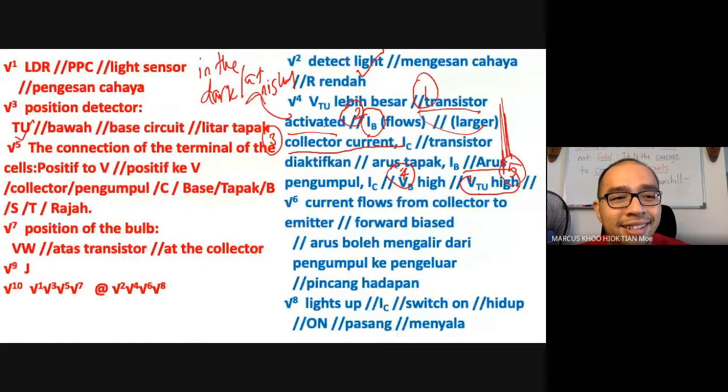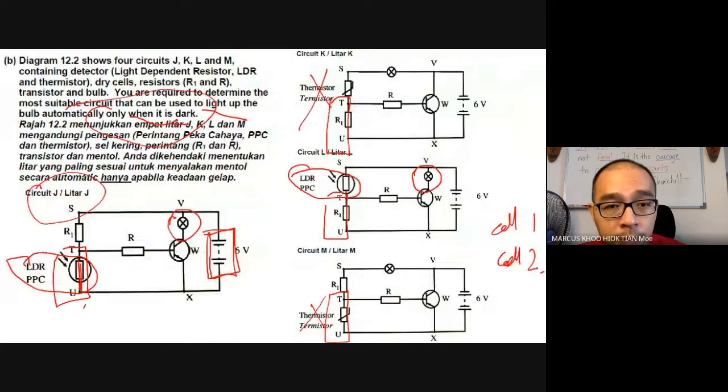All right, this was the problem just now. So the connection of the terminal of the cells, this is how we would write this. Okay, the positive is to the V or to the collector. Is this the base? My goodness. Hold on. Okay, the positive terminal is connected to V. Okay, the negative terminal is connected to X. Or the positive terminal is connected to the collector.